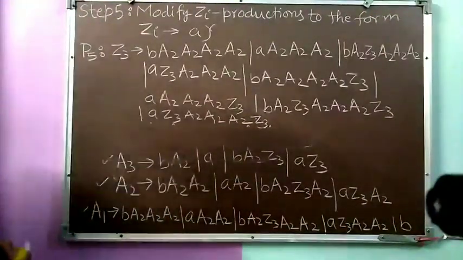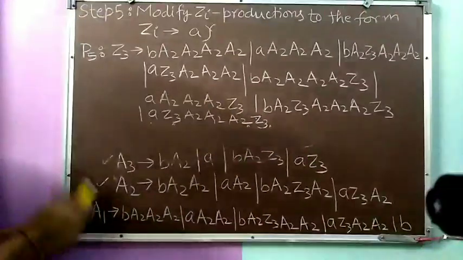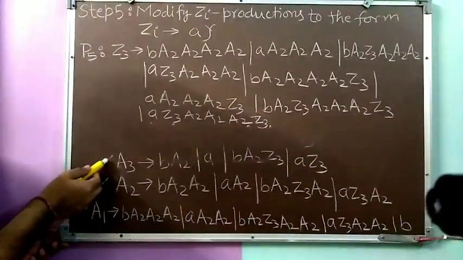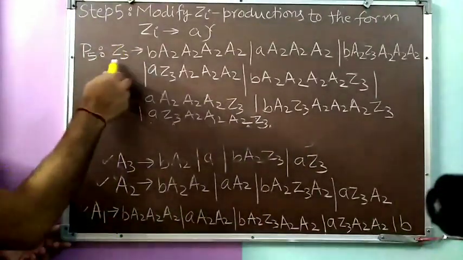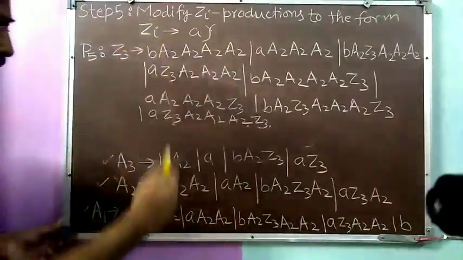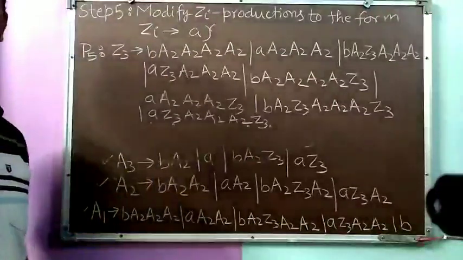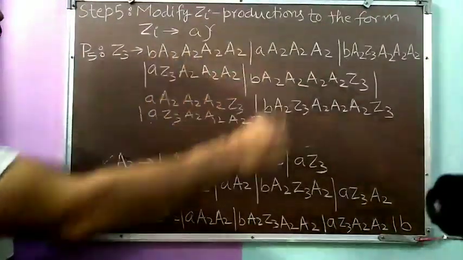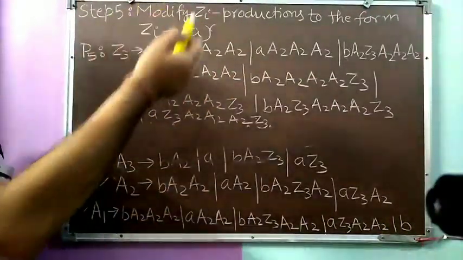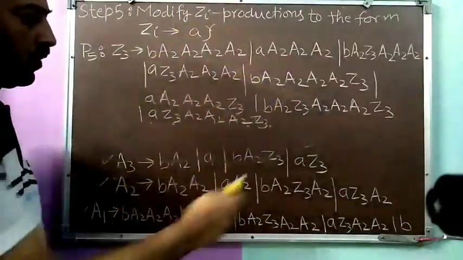So this will be our set of productions P5. A1, A2, A3 and the newly introduced variable Z3 all start with a terminal symbol followed by a sequence of variables. That is the required form of GNF. So our original grammar has been converted to this.